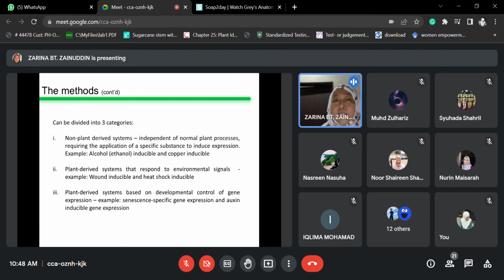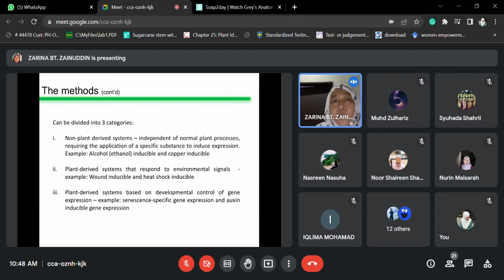Another category of inducible promoter is what we call as response to environmental signal. For example, you induce the promoter when it's being exposed to wound. So you need to lukakan sikit the transformed plant so that the promoter will be active. Or you can expose the plant to heat shock, to heat, so that the promoter will be active.